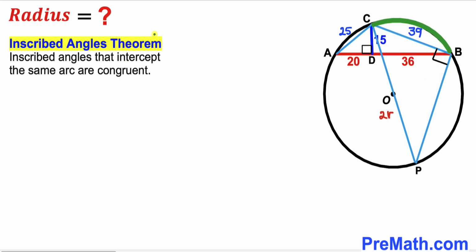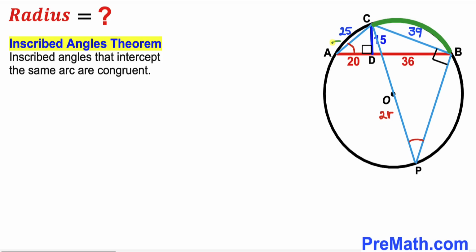Now let's recall the inscribed angles theorem. According to this theorem, inscribed angles that intercept the very same arc are congruent. Here we can see this arc BC is being intercepted by this angle, and likewise the very same arc BC is being intercepted by this angle P as well.